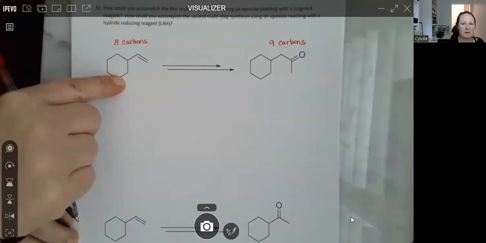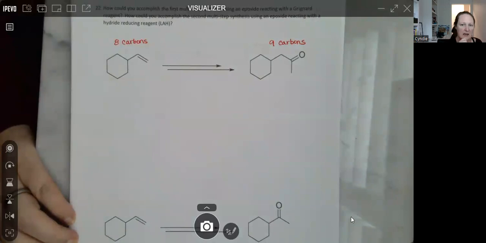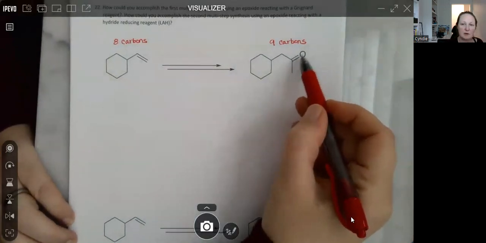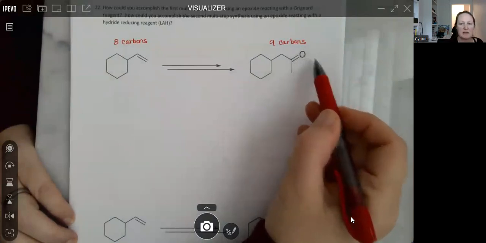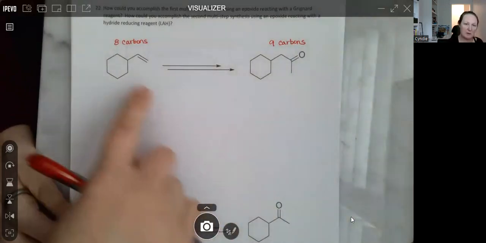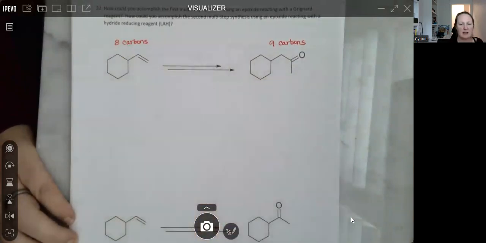So if we think about the fact that we're going to be adding 1 carbon, right, and we want the OH group to be here so that it can be oxidized to a ketone. So essentially what I'm doing is thinking about what would be some key intermediate products here that could potentially be useful.